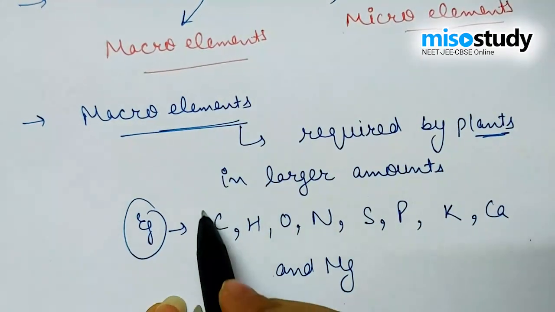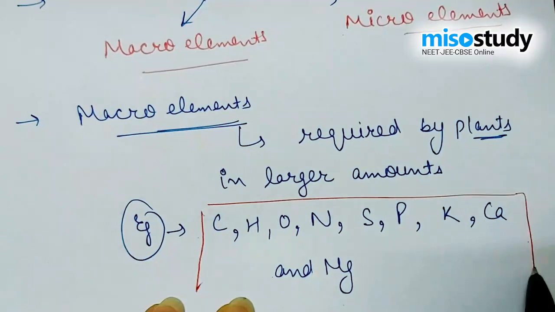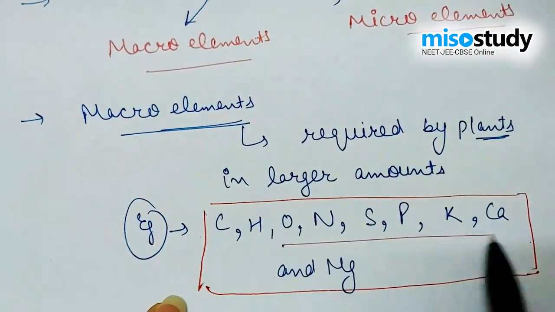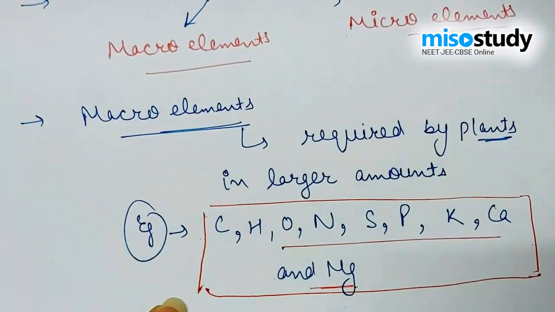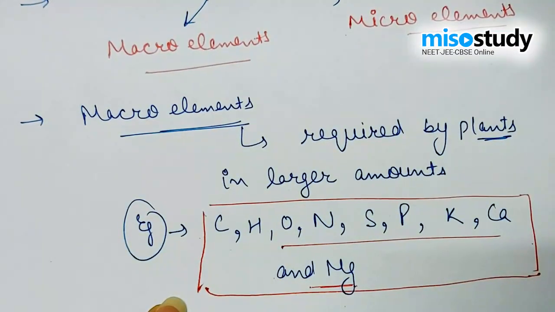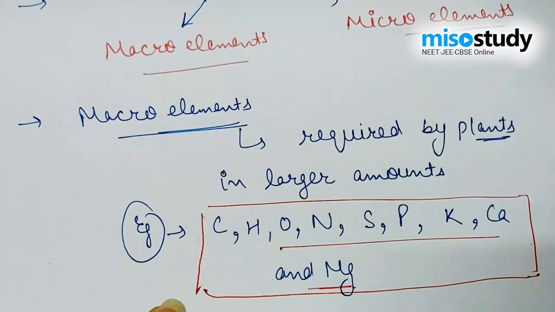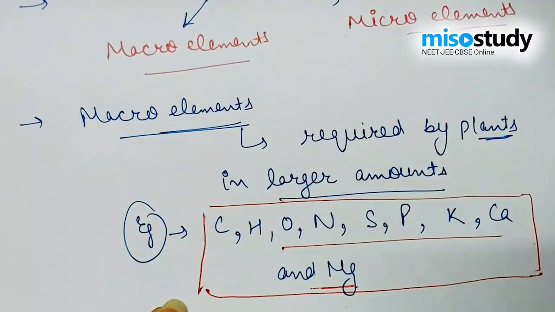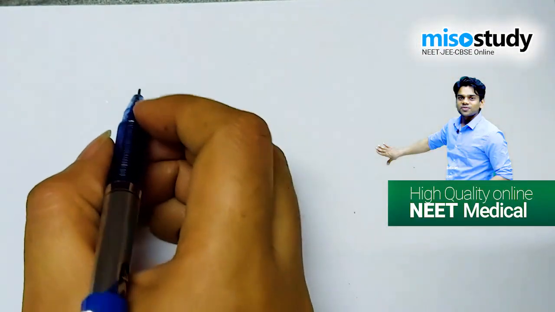I write the symbolized form and naming for the macro elements that are required in larger amounts as compared to the micro elements by the plants. Let's discuss the micro elements.